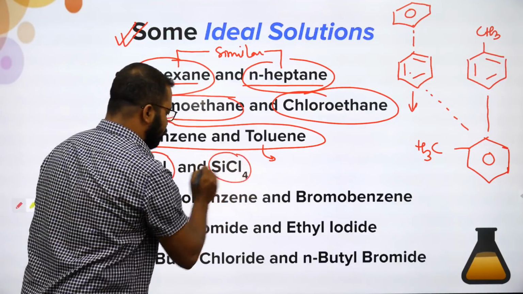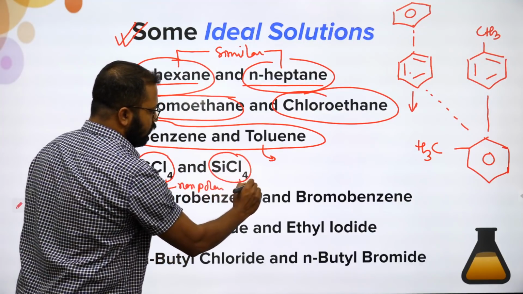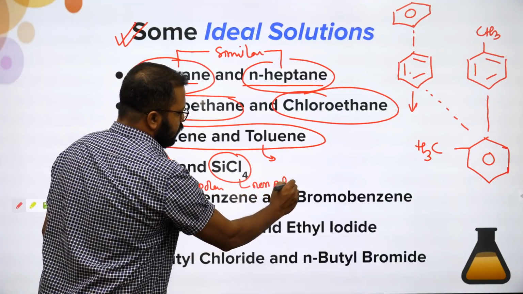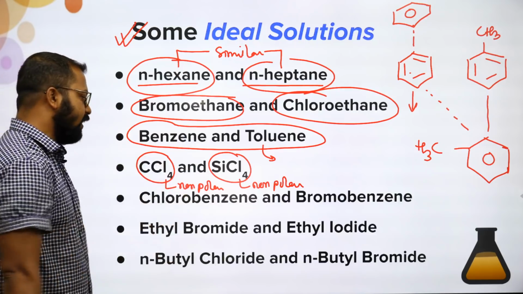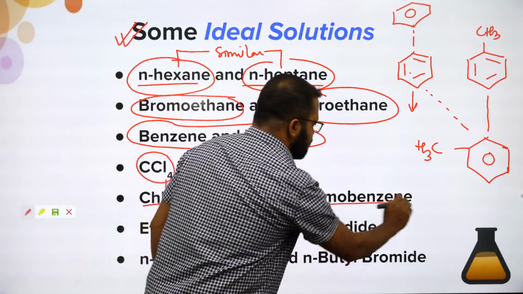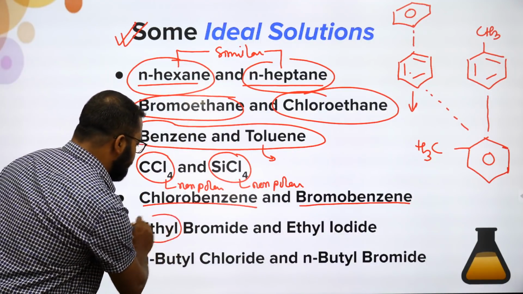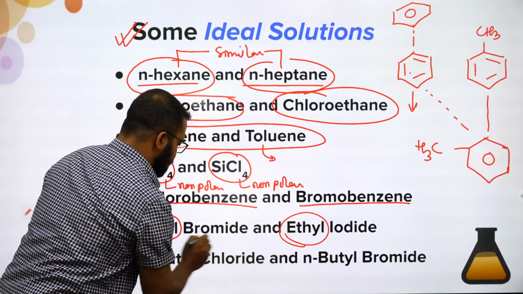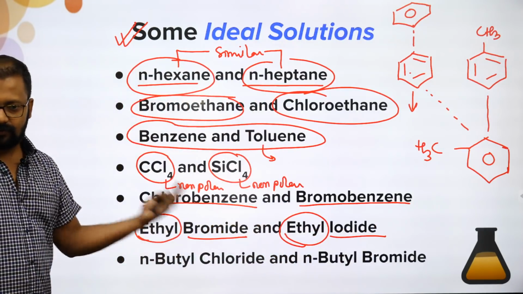CCl4 and SiCl4 both are non-polar, almost the same kind of interaction. Chlorobenzene and bromobenzene, almost the same kind of interaction. Ethyl bromide, iodide, not a big difference.